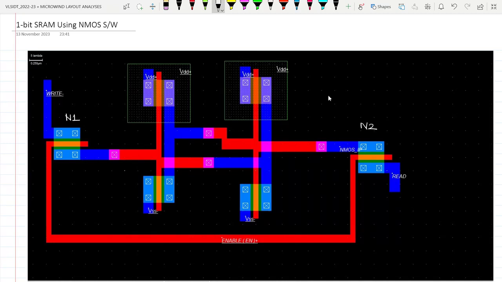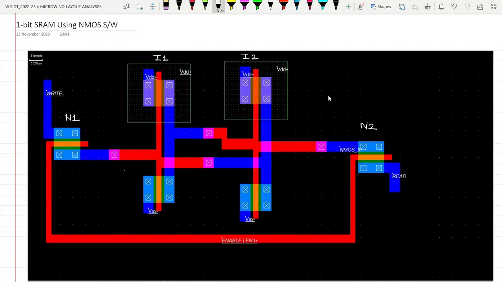We have the CMOS inverter I1 and CMOS inverter I2. Inverter I1 and I2 are connected in a cross-coupled fashion. That is, output of inverter I1 is given as an input to the inverter I2 and the output of inverter I2 is given as an input to inverter I1.